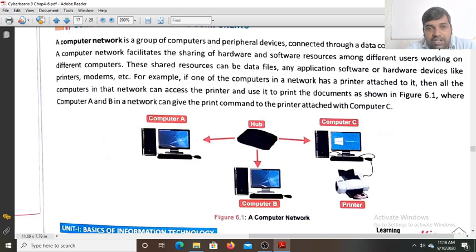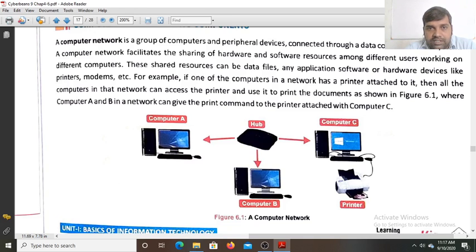If there is a requirement of the printer, computer A can give the print command, and this printer will be able to take the command of computer A. Similarly, if there is a need of the print operation, computer B can also use the printer, and computer C can also use the printer. So this particular printer is shared among these three computers, and that is called the sharing of hardware resource.